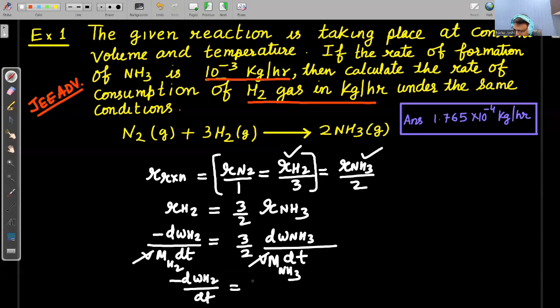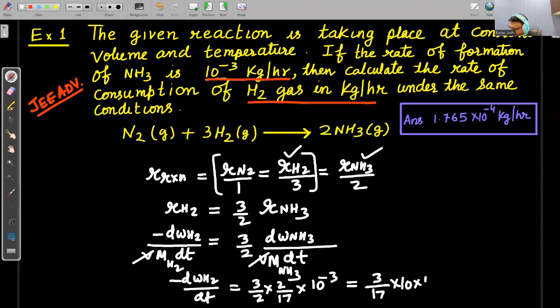That is equal to 3/2 times the molar mass of hydrogen, which is 2, divided by the molar mass of ammonia, which is 17, into the change in mass of ammonia per unit time, which is given, equal to 10 to the power minus 3. If I simplify, the 2 and 2 will cancel out, so we can write that this is 3/17 into 10 to the power minus 3.